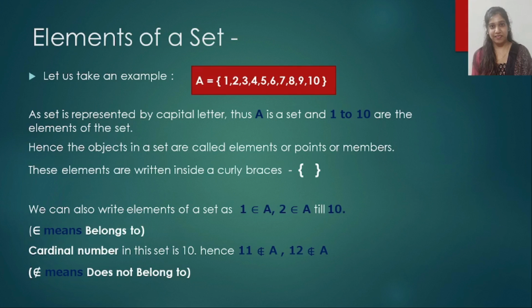And over here, 1 to 10, these numbers which are written inside a curly bracket are called elements of the set. These objects are called elements of the set. They are also known as points or members. So if you see anybody stating points or members, then that is also relevant.